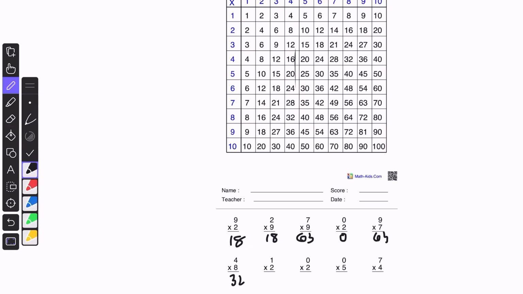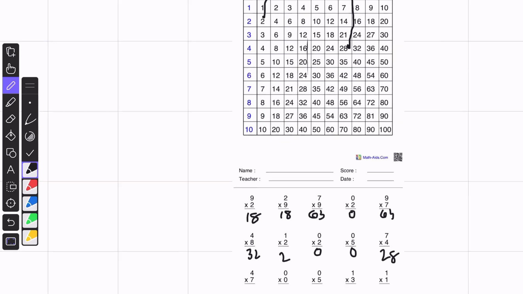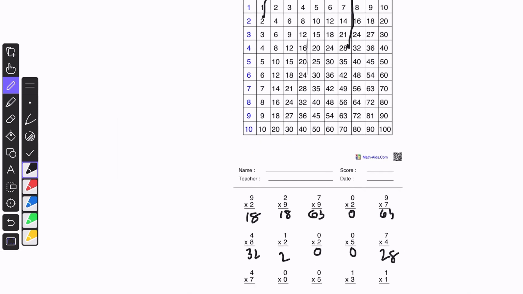We have 1 times 2. We have 1. We're going to stop until we get to 2. 2. Anything times 0 is going to be 0. 7. Stop when we get to 4. 28. 4. Stop when we get to 7. Another 28. 0, 0. 1.